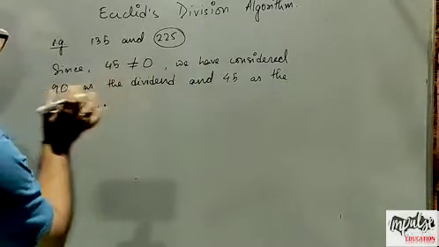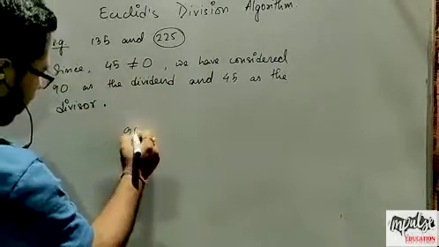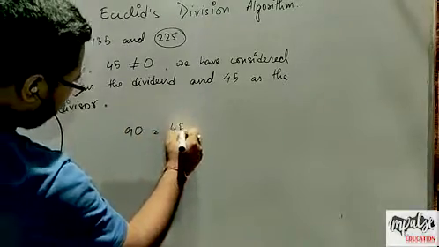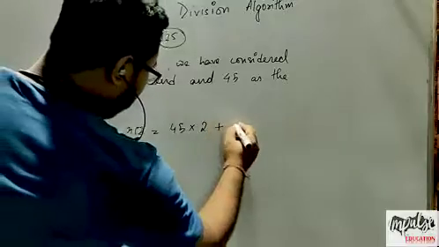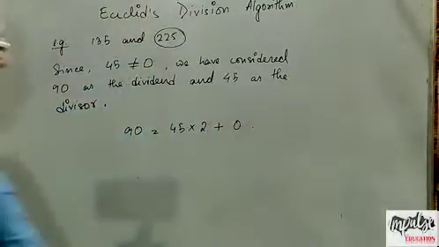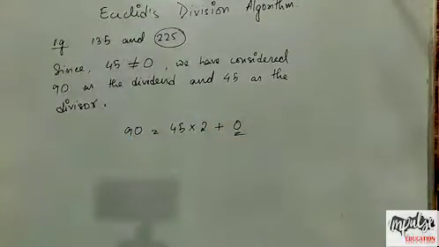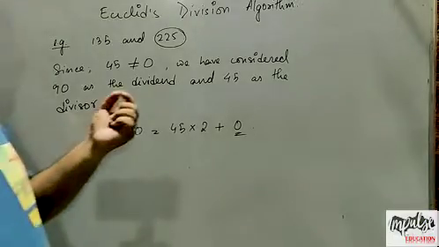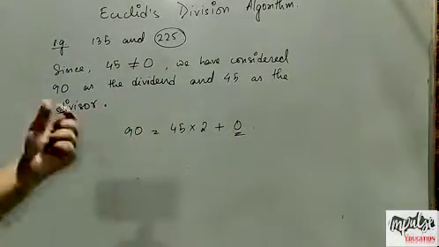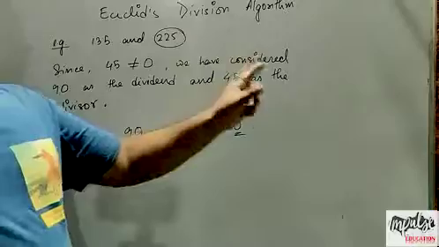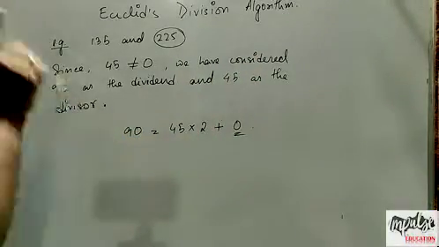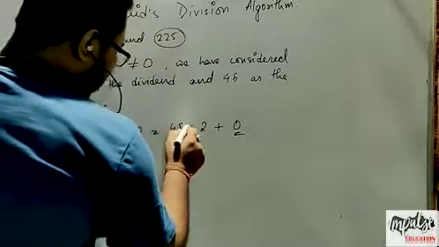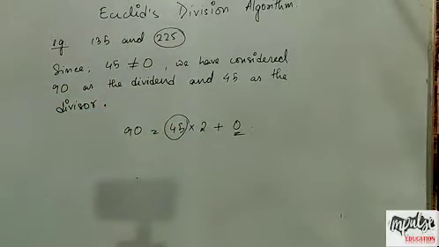Now you see, once I have taken 90 as the dividend, what will I get? 90 equals 45 into 2 plus 0. Now we got the remainder as 0. And we have discussed in the Euclid's division algorithm, once the remainder is 0, the divisor will be the HCF of the given numbers. So here the divisor is 45.